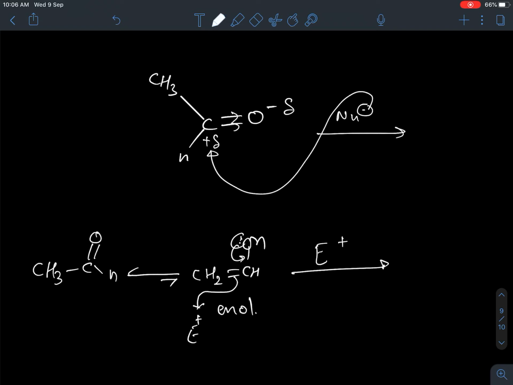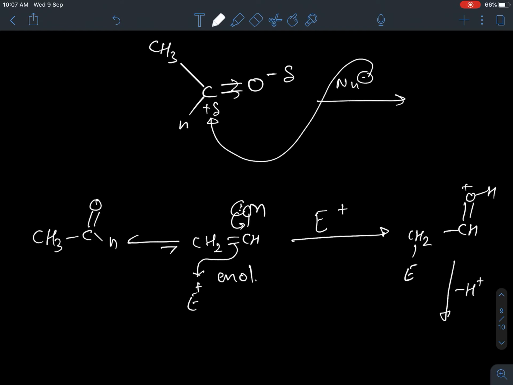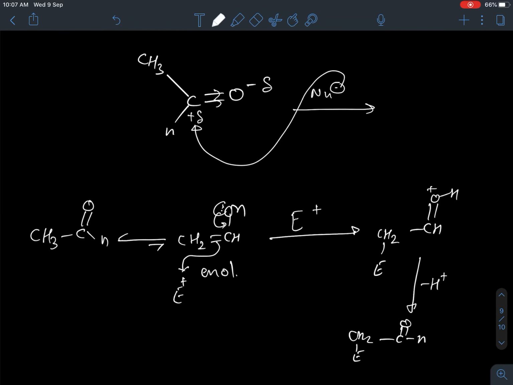So what will be the product if it attacks? So it is going to be E and CHO. Thereafter, as per the necessity, you can deprotonate it and you are going to get CH2E. Okay. So when nucleophile attacks, then what will happen?